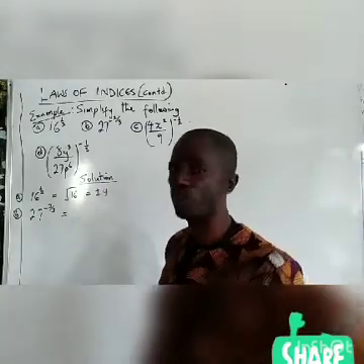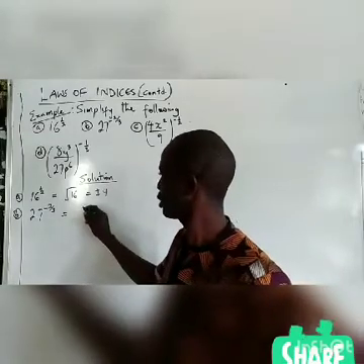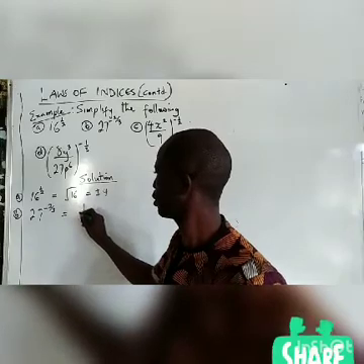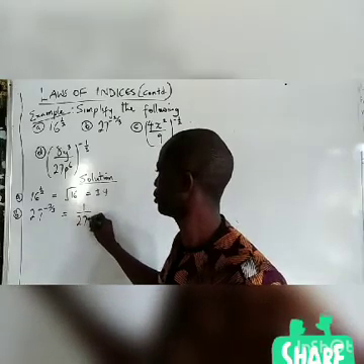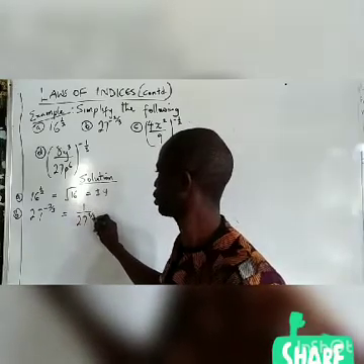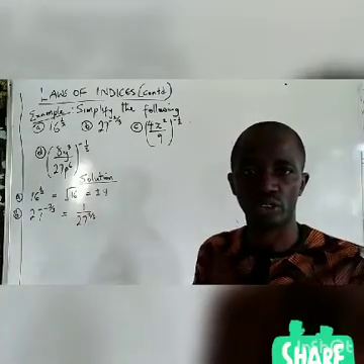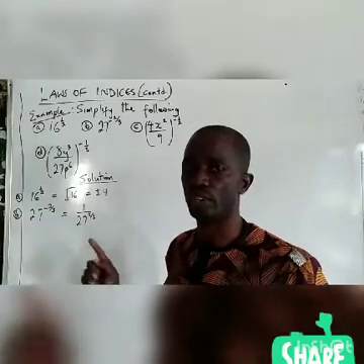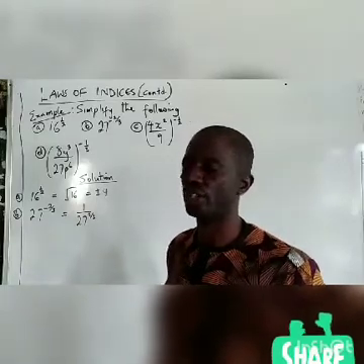So we are going to be taking the inverse of that particular base, which is 27. So we'll be having 1 over 27 raised to power 2 over 3. So the negative has changed to the inverse of that particular base that is carrying the power.